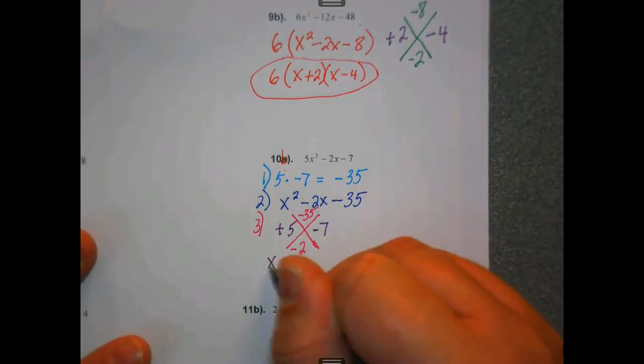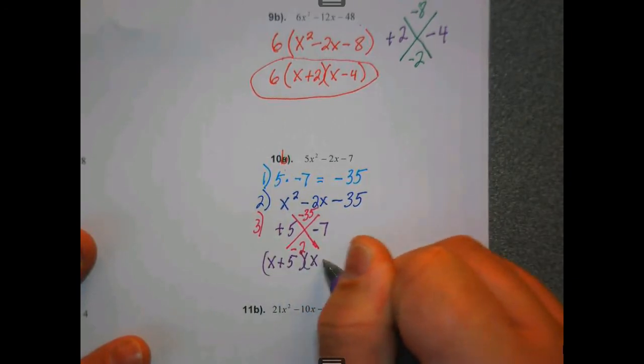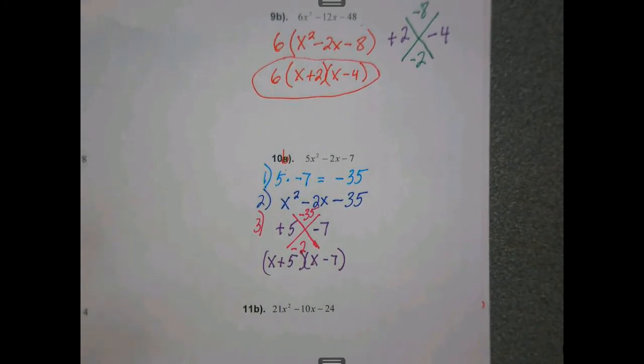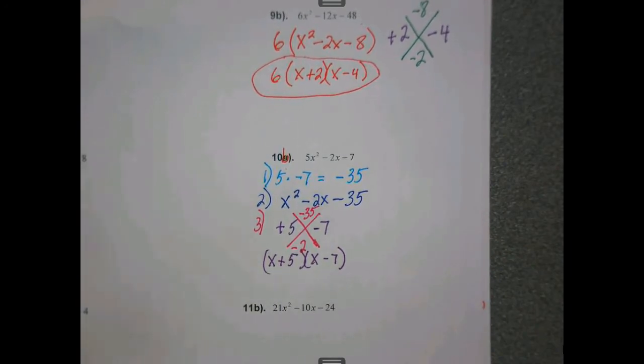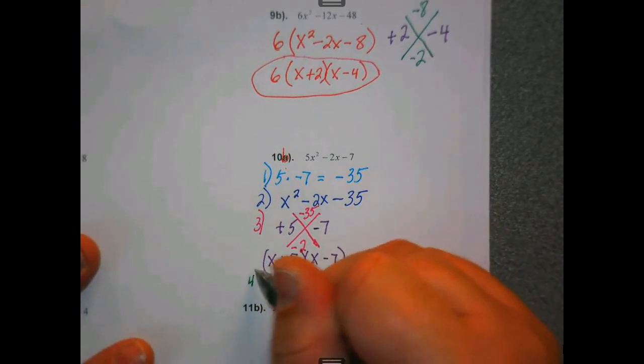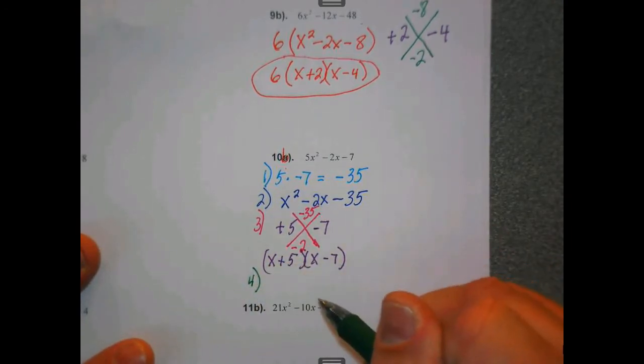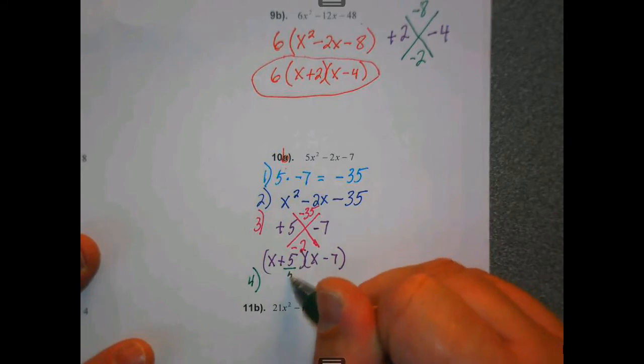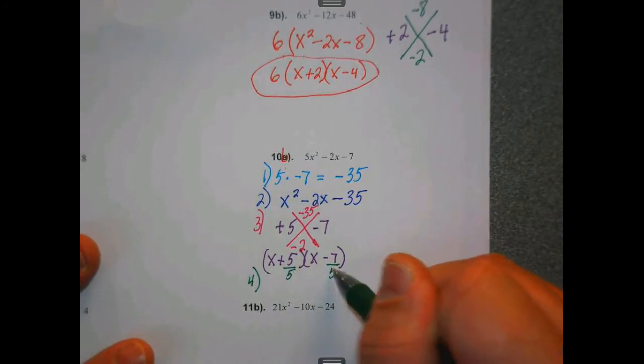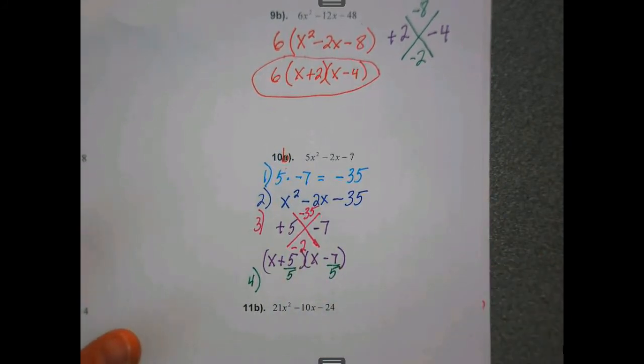We have x plus 5, x minus 7. First step, divide by our original A. Let's see, it was 5. And then we are done.